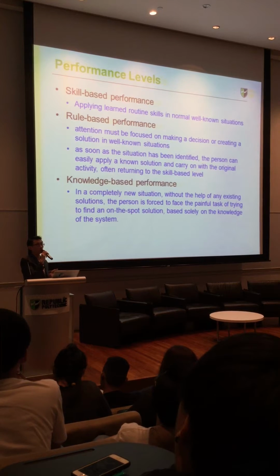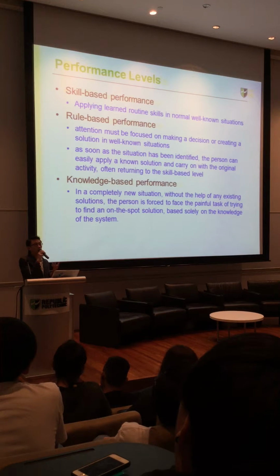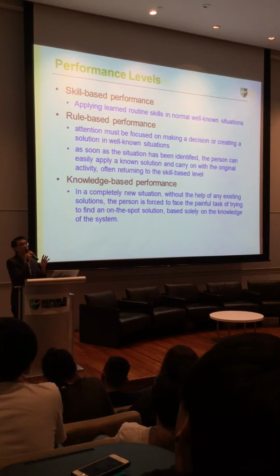What happens is the situation is already known. Something like an oil leak in an aircraft engine has happened many times, so people have already documented it and come up with some sets of rules. If you see this, do this. If you see that, do that.